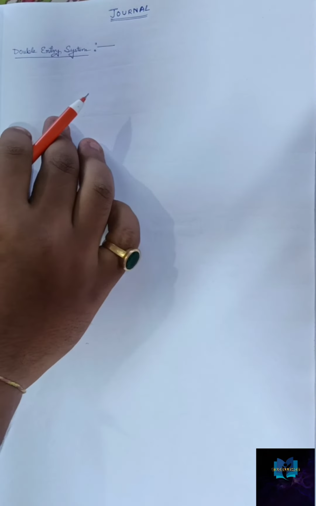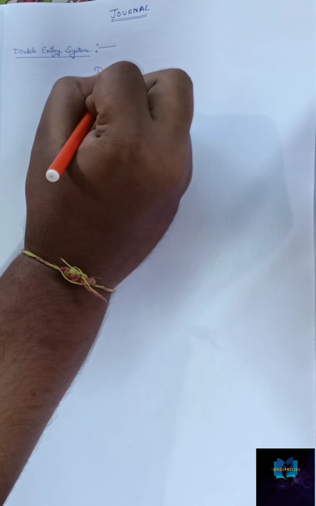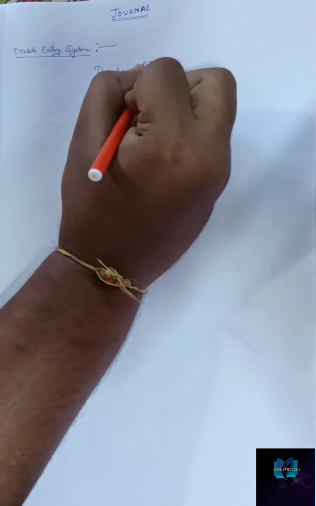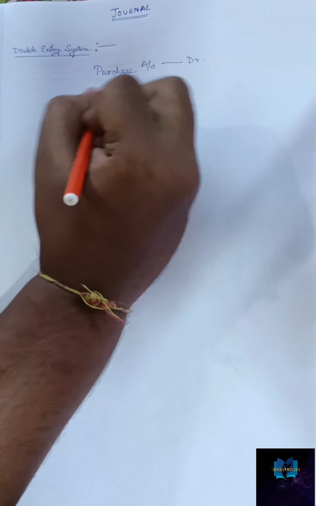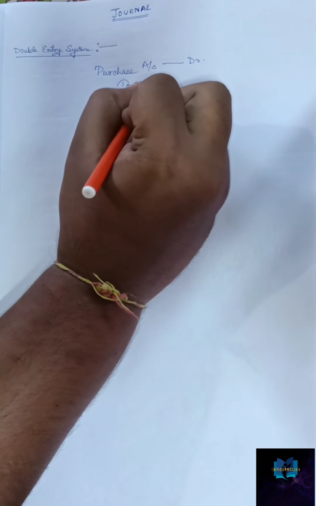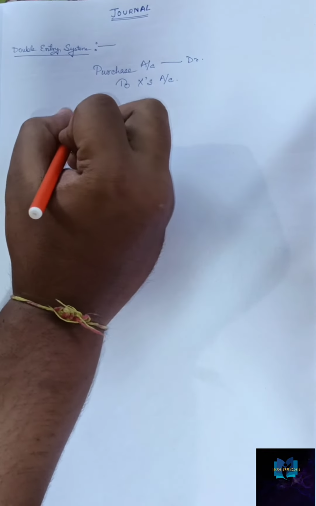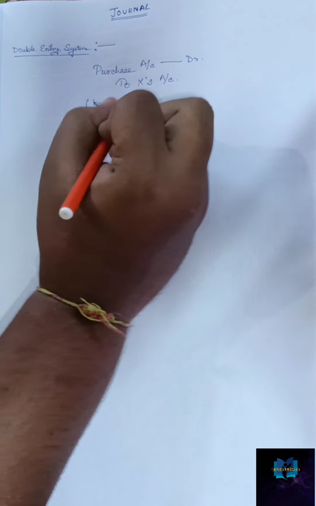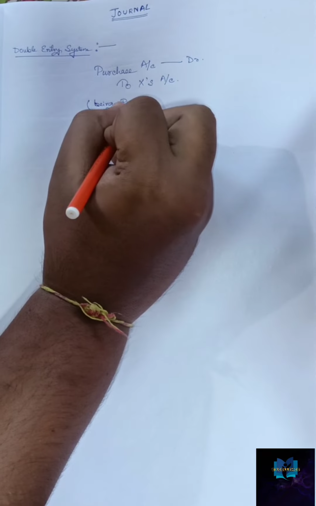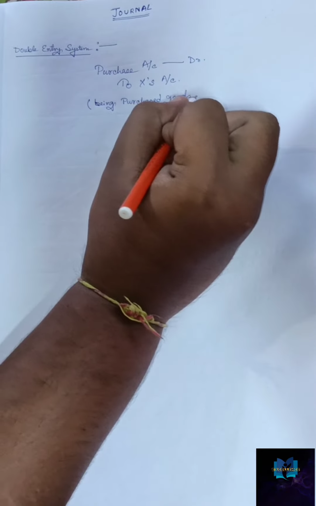Like if I write purchase account debit to excess account, so this is a journal entry, and over here X, being purchased goods.